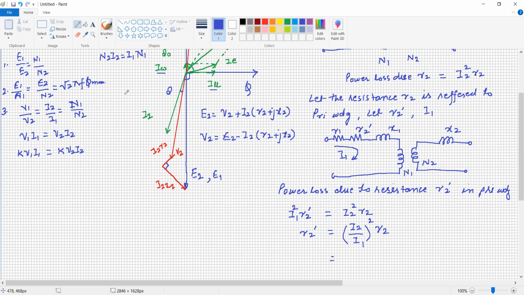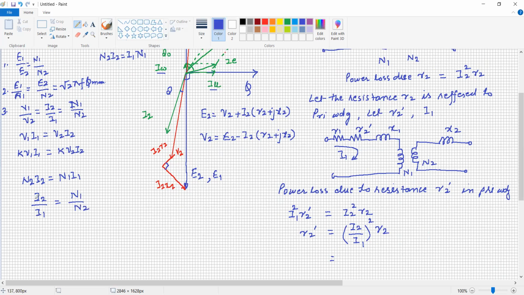Now we have the equation. In the previous lecture, we found that N2 into I2 is equal to N1 into I1. That is, the MMF of the secondary winding is equal to the MMF of the primary winding, equal in magnitude but opposite in direction. So I2 upon I1 is equal to N1 upon N2.